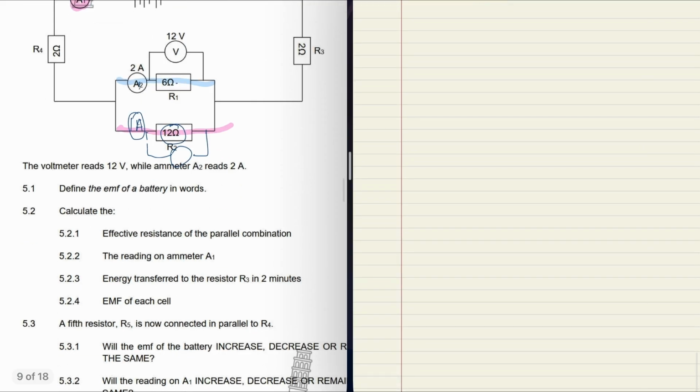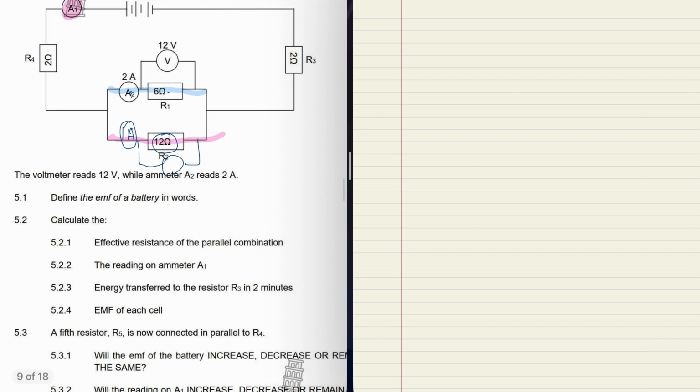Question 5.2.3 says, calculate the energy transferred to resistor R3 in 2 minutes. So R3 is that. Now energy is the W formula. If I think about what quantities I know about R3, I know the time.